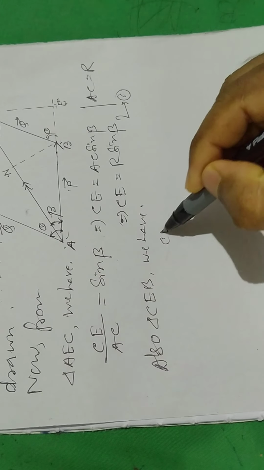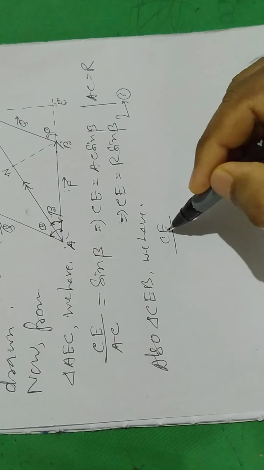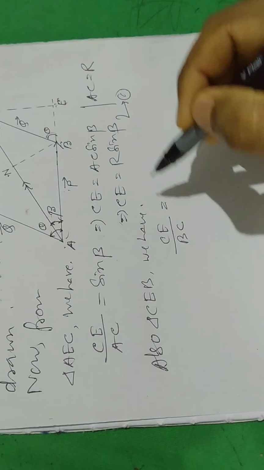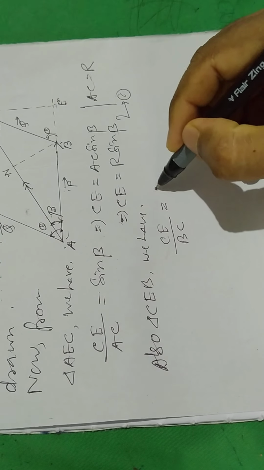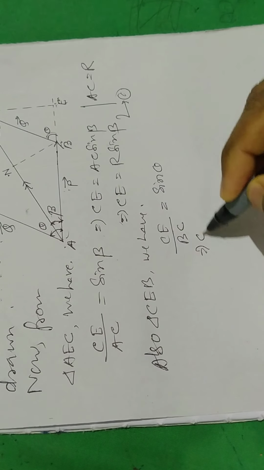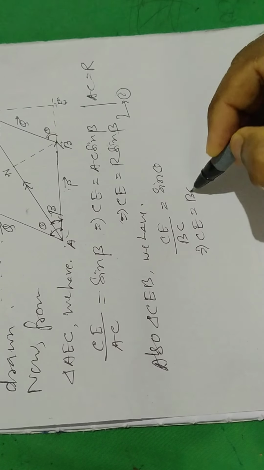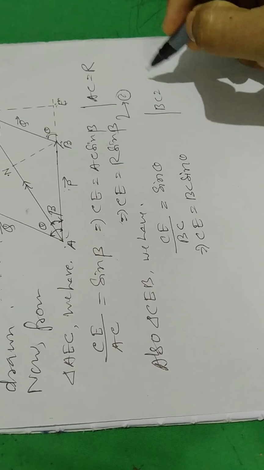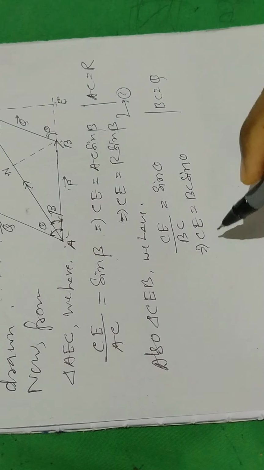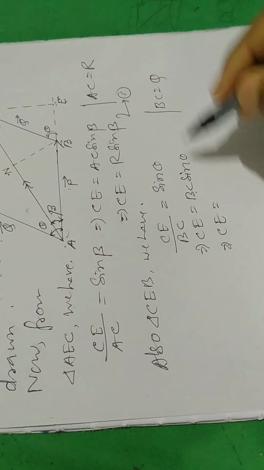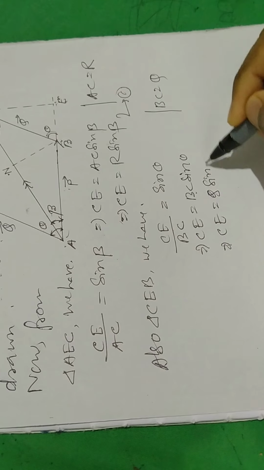So CE by BC, perpendicular by hypotenuse, is sine of theta. So CE equals BC sine theta. BC is vector Q, magnitude Q. So CE equals Q sine theta.